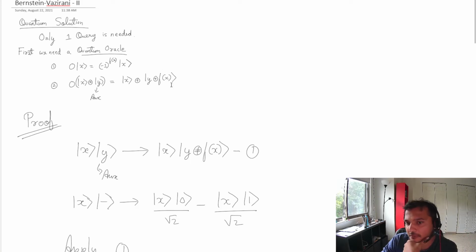Now, if f of x is 1, then y gets flipped. So it's a C naught operation. And if f of x is 0, then there is no flip. That means it's identity. So that is what we will map.